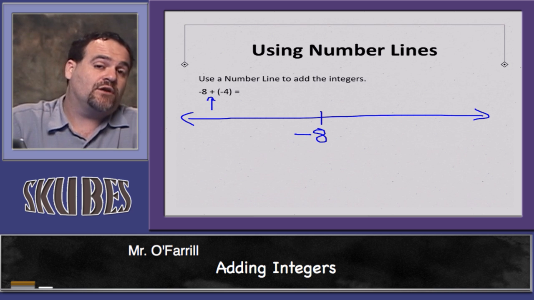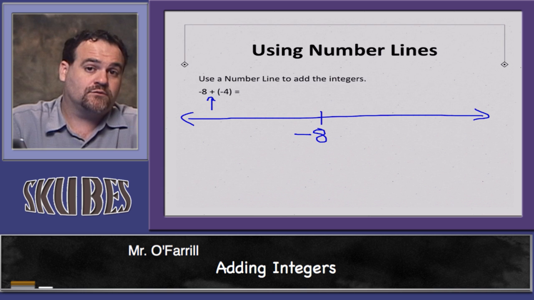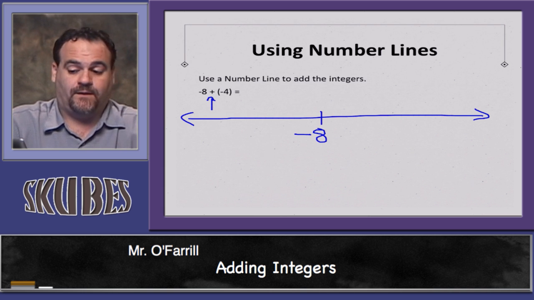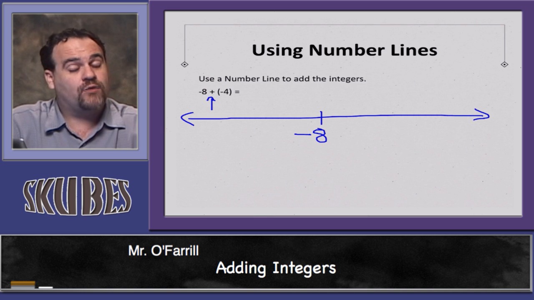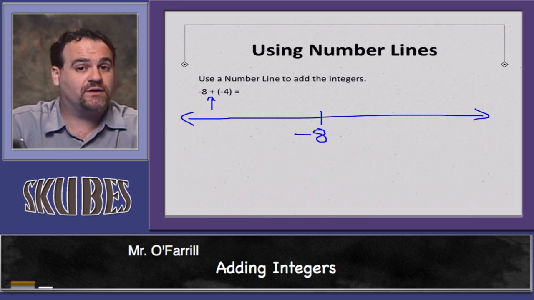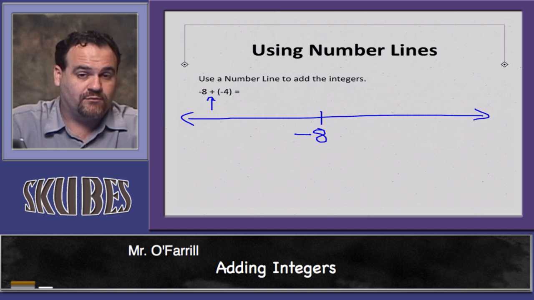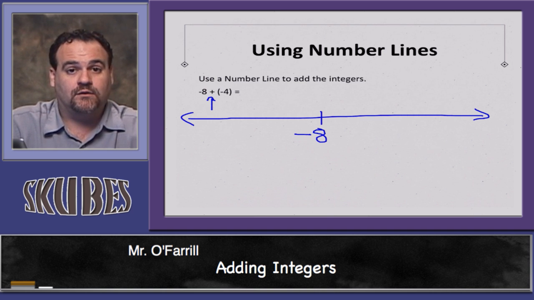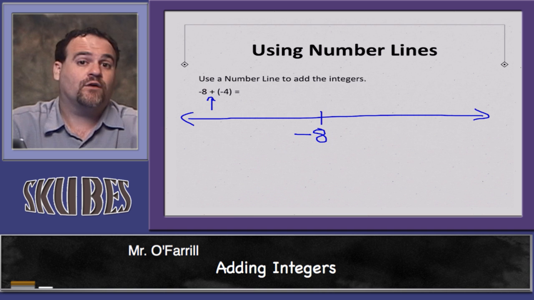Normally when you see addition, you know you're going to go to the right. But what kind of number are we adding to our negative 8? We're adding negative 4. And negative 4, being a negative number, means we're going to change direction. Instead of going to the right, like addition would imply, we're going to go to the left.